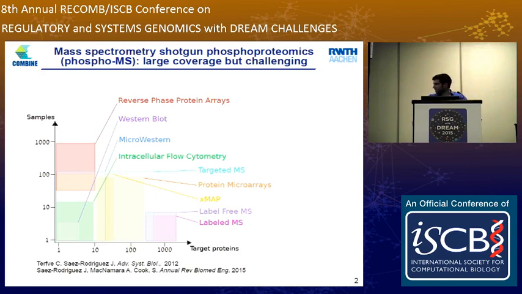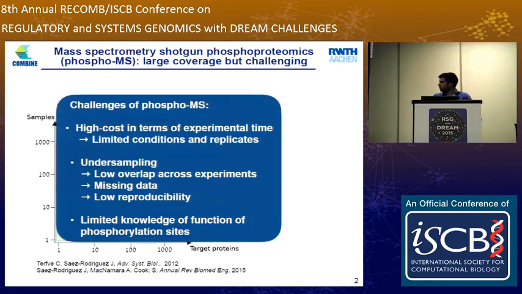But this comes at the price of being able to do many fewer experiments, because it's a much more intensive technology. Besides the issue of the number of experiments that one can do using mass spectrometry phosphoproteomics, there are a number of other challenges.